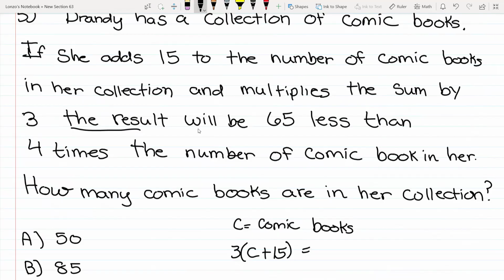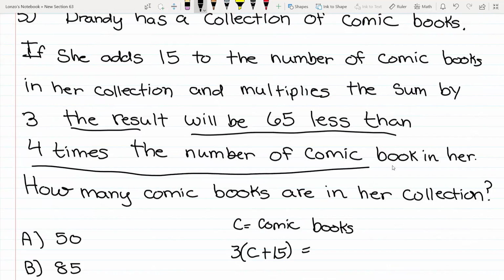So how do I write that as an equation? 65 less means minus 65, and then 4 times the number of comic books, so that's 4C. So that would be 4C minus 65.